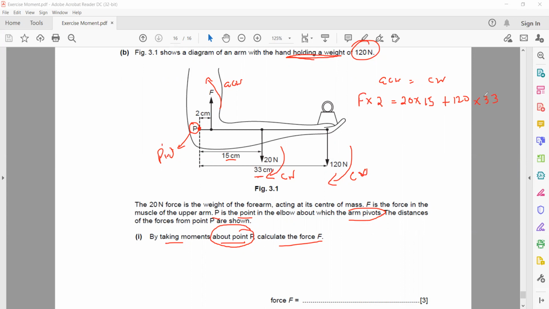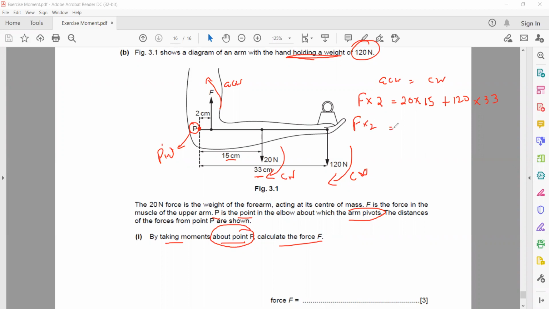Is it clear till this point? The clockwise moment equals the anti-clockwise moment. The anti-clockwise moment is because of the force of the arm, and the clockwise moment is due to the weight of the arm and the weight of the load. Both are balanced. Now we just simply solve to get the answer.